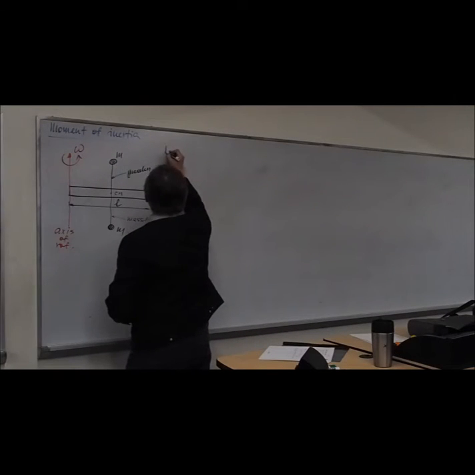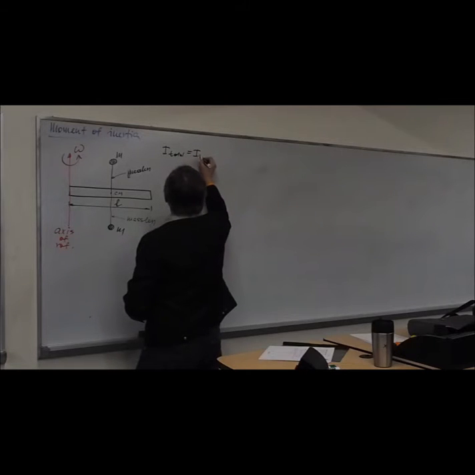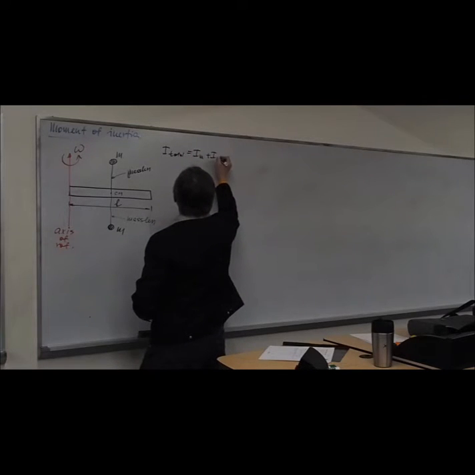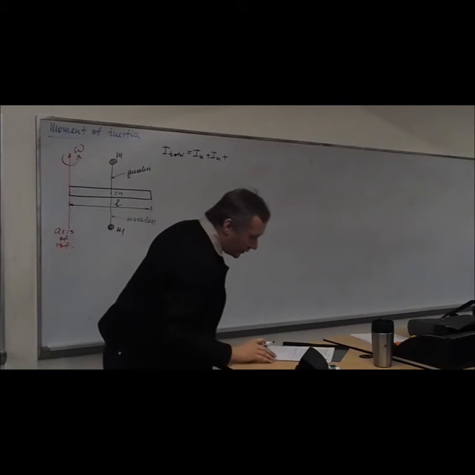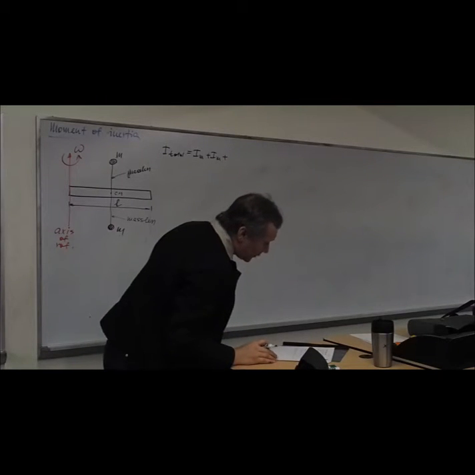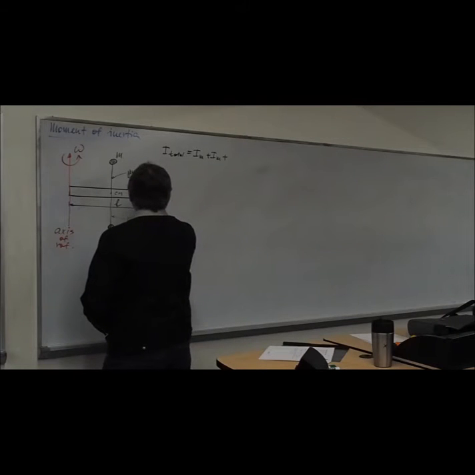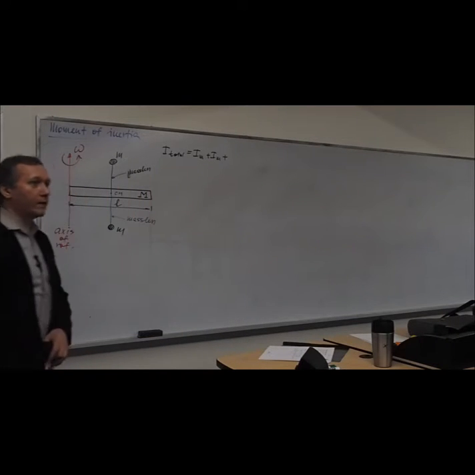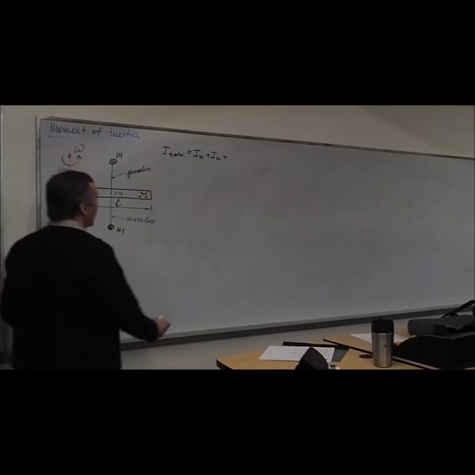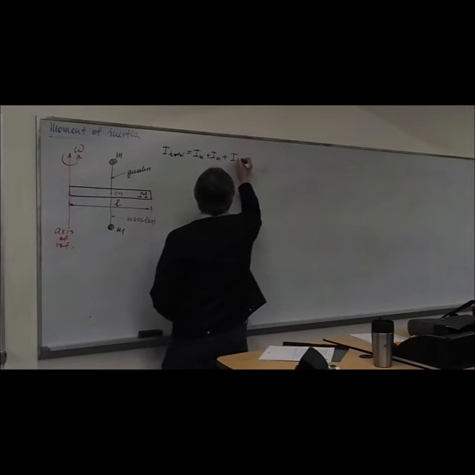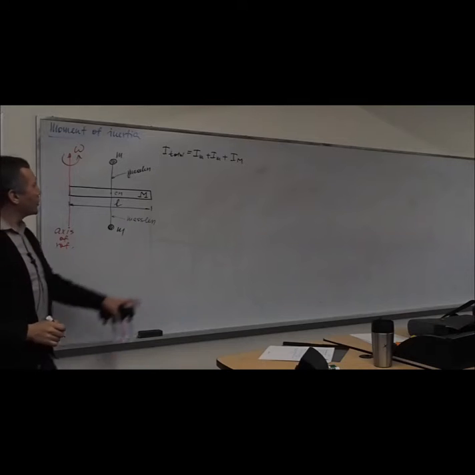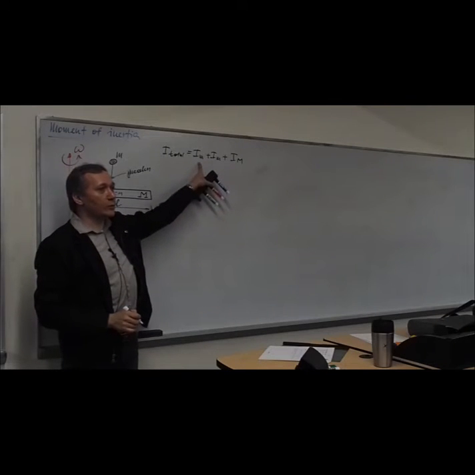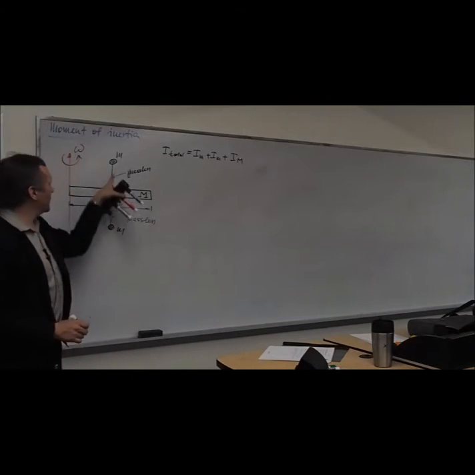So I total will be the moment of inertia of one mass plus the moment of inertia of the second mass plus the moment of inertia of the rod, and the mass of the rod is given, m capital. I forgot to give you this. Can you tell me immediately what will be the moment of inertia of one mass, this mass, for example?